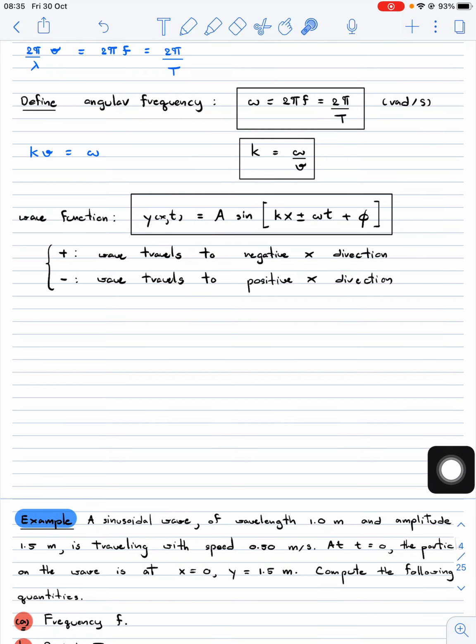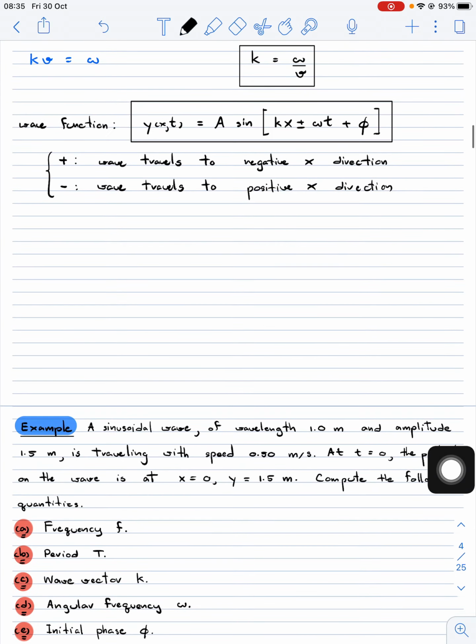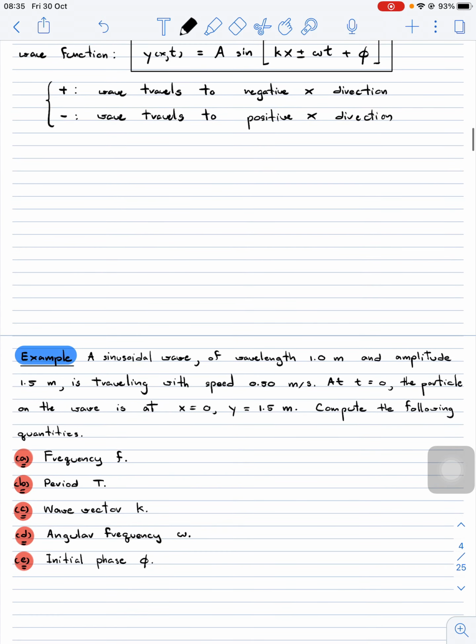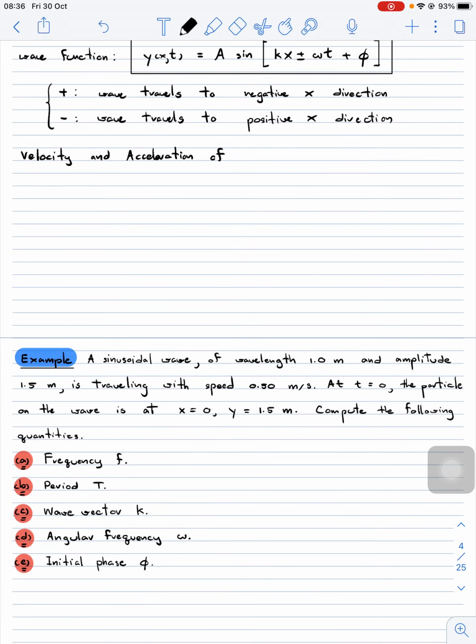So let's see this. Let's consider the velocity and the acceleration of the particles in the medium.